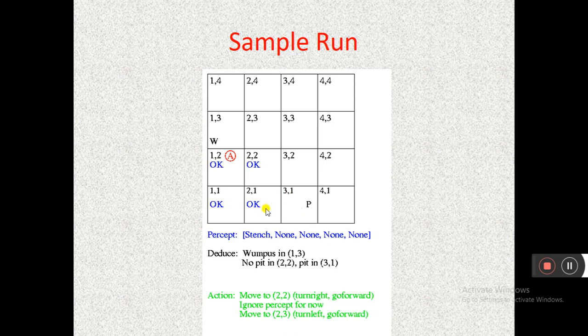So what would be our next move? Move to 2 2. This one is a safe place because the pit is here and the Wumpus is in 1 3. So in between these two, this is the safe place. So we'll move to 2 2, turn, go forward, ignore perception, move to 2 3.